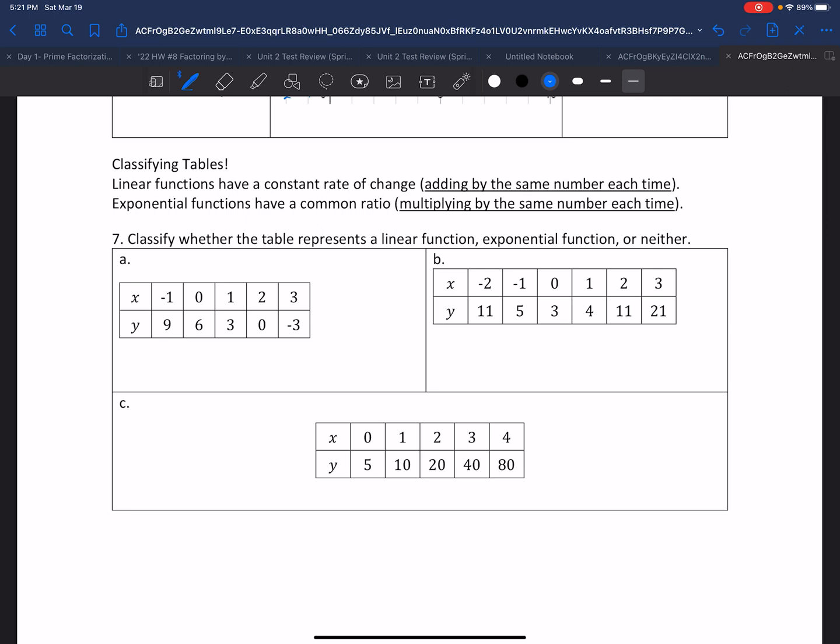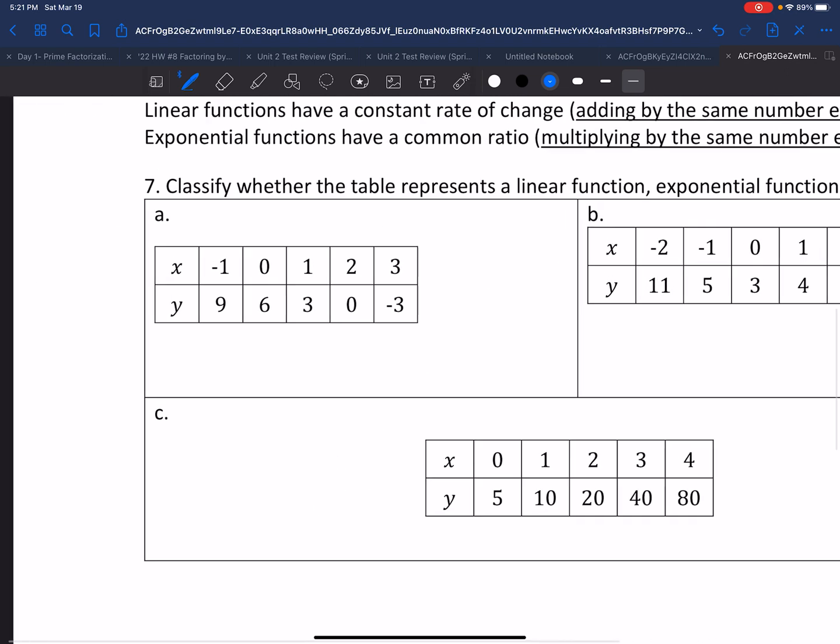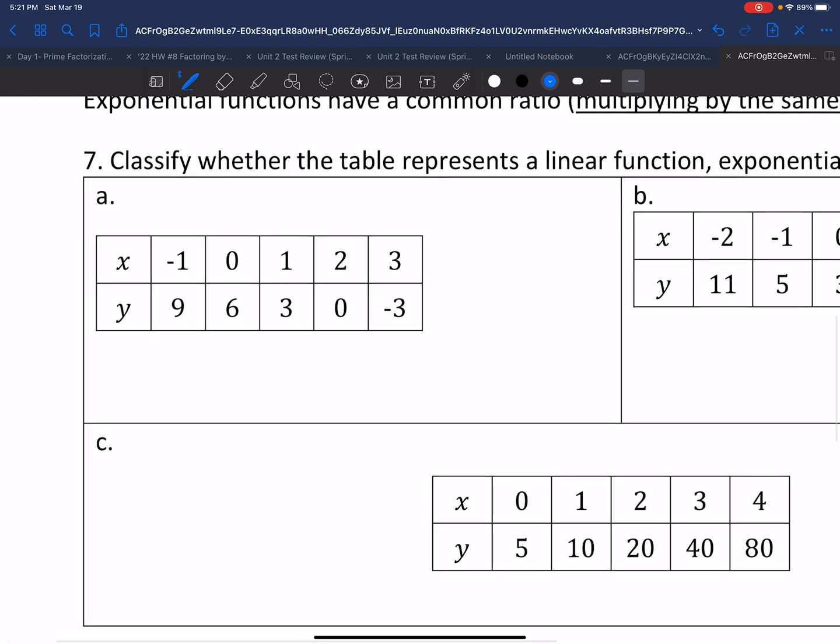Number 7, we're going to go ahead and look at our pattern here. We can see that for our x values, it's going up by +1 each time. And then over here, we subtract 3 each time. Remember, the slope is the change in y over the change in x, y2 minus y1 over x2 minus x1.